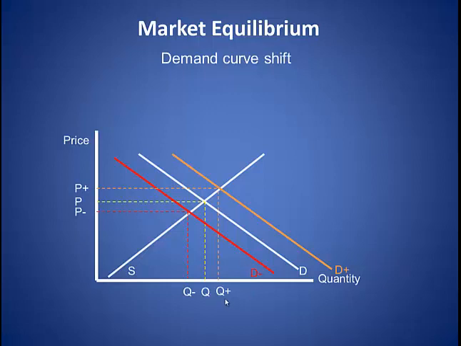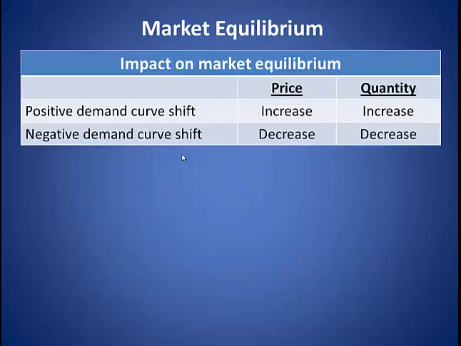On the other hand, let's assume that the demand curve shifts to the left. In this case, you can see the intersection shows that I now have a quantity demanded that is going to be lower than the original curve, and the price is going to be lower than the original curve. So I can make some generalizations about this, and based upon my generalizations, I can create this chart.